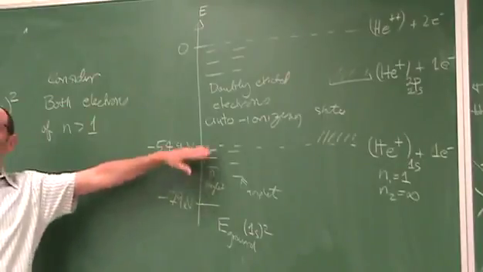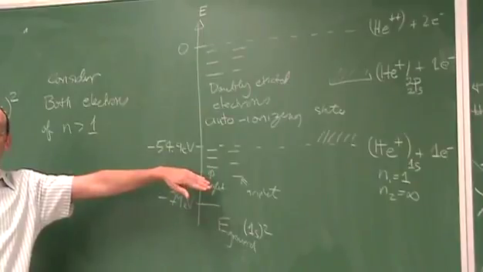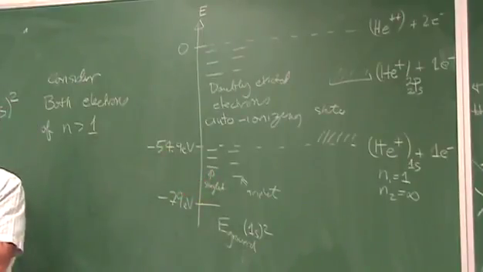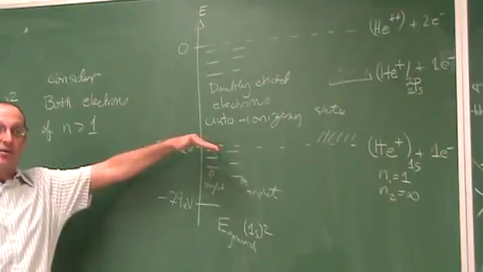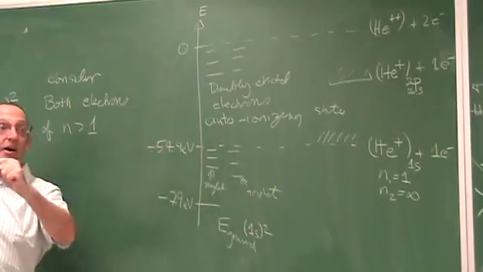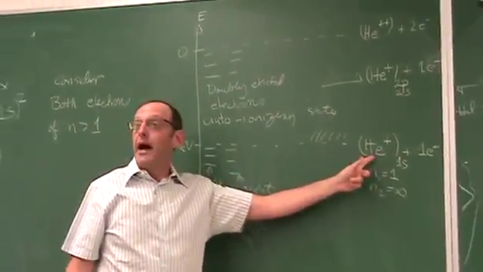Which is the discrete part of the spectrum. These are the excited states of my helium atom, paired in singlet and triplet-like ways. There is the ionization level, which corresponds to one of the electrons unbound and the other electron still bound.